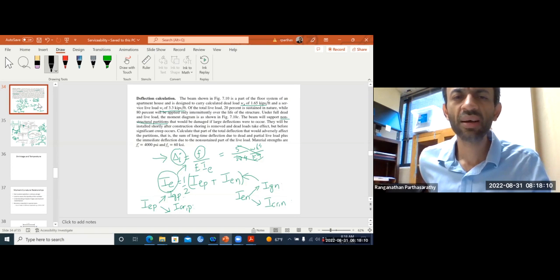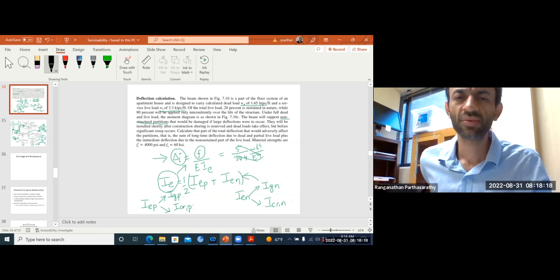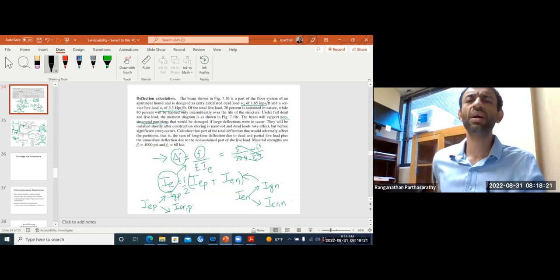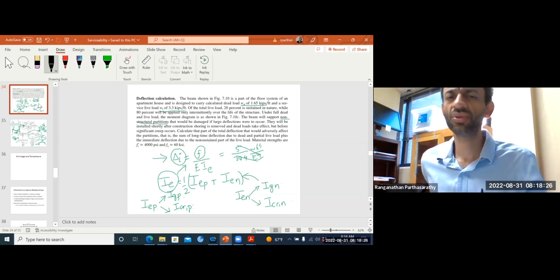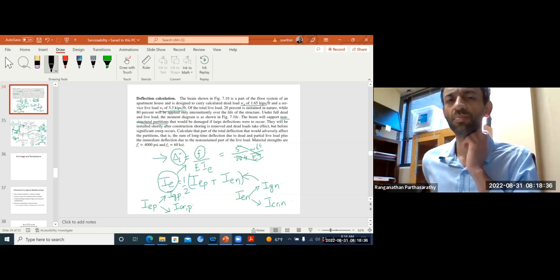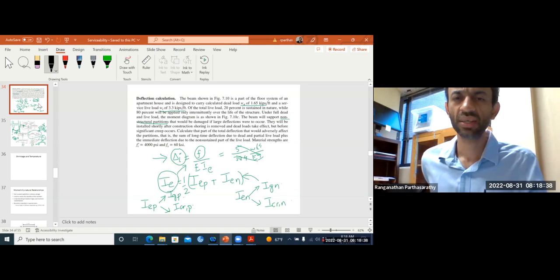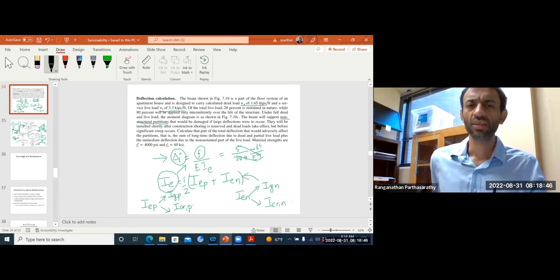Now the beam will have non-structural partitions and that will be damaged if large deflections were to occur. These are partitions which are installed shortly after shoring is removed. So your construction is ready to start carrying loads, you take off the shoring, and shortly after, these partition walls come in. So what part of the total deflection is going to affect this?